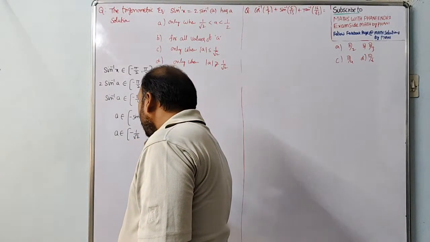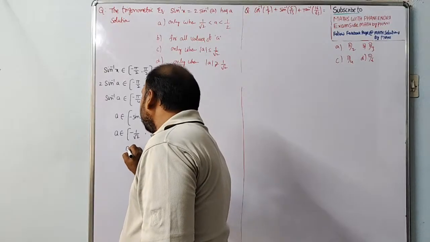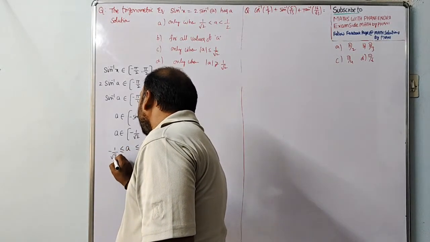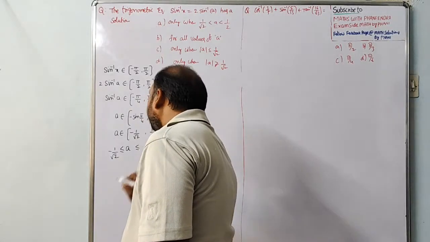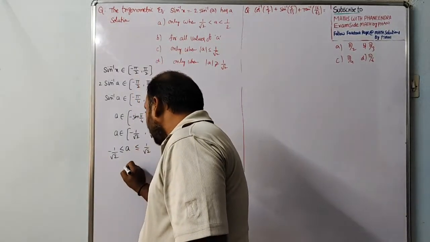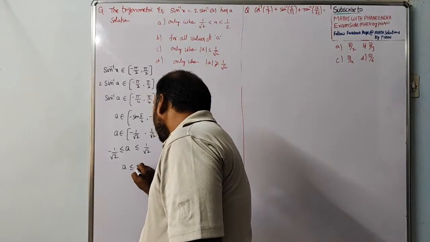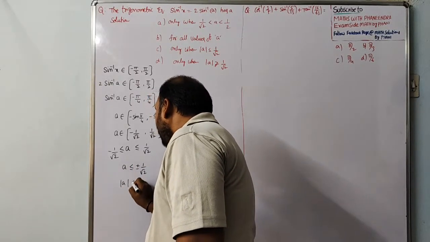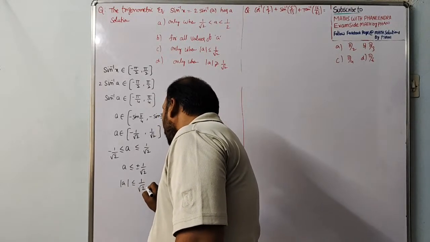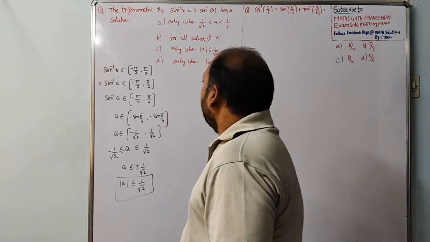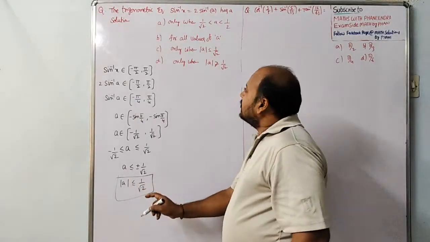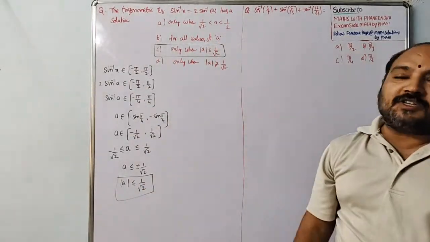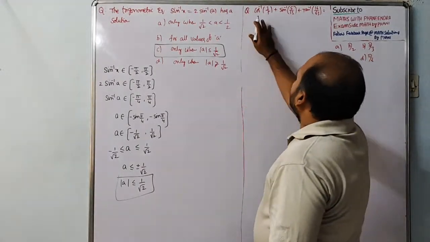So a lies between minus 1 by root 2 and plus 1 by root 2. This can be written as a is less than or equal to plus or minus 1 by root 2, which we can write as mod a is less than or equal to 1 by root 2. Therefore, only when mod a is less than or equal to 1 by root 2 it is possible. I hope you understand this concept. We'll move to the next question.